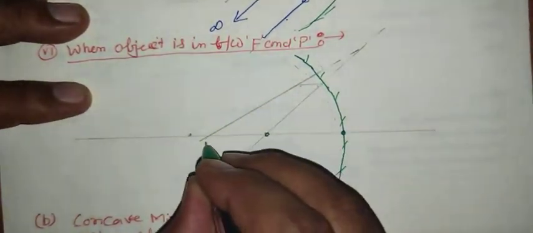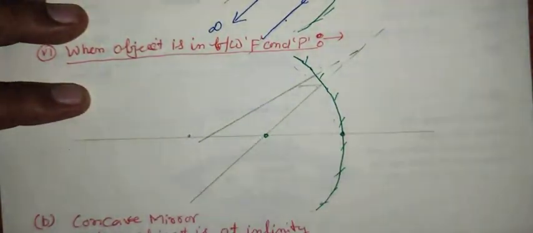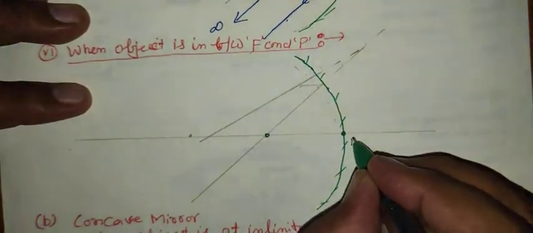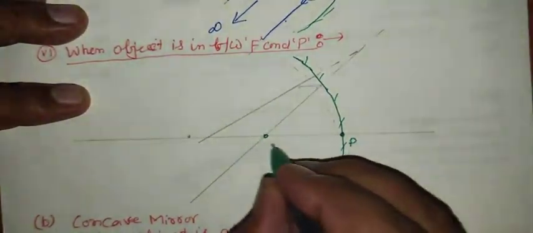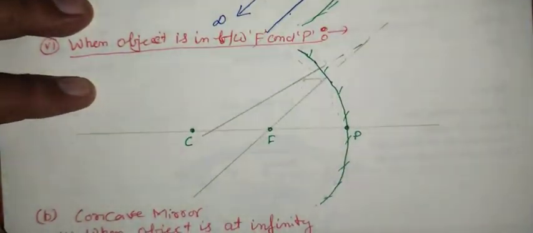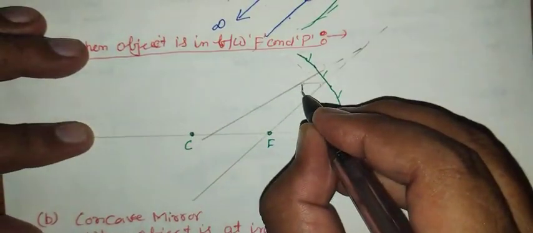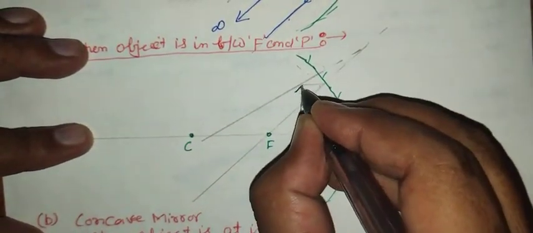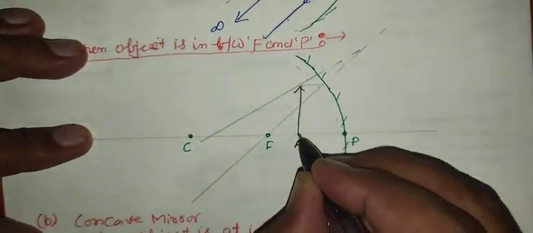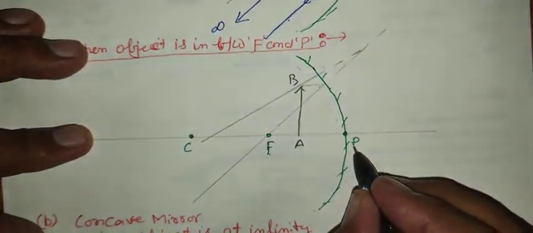Take the points as we have been taking: P, focal point and center of curvature C. And we are going to take an object AB between focal point F and pole P.